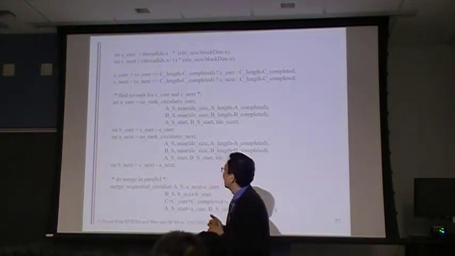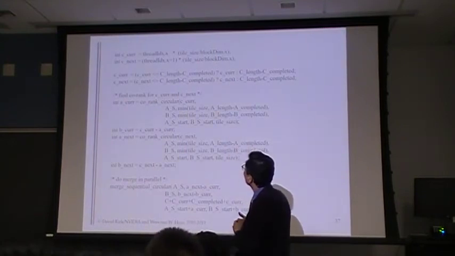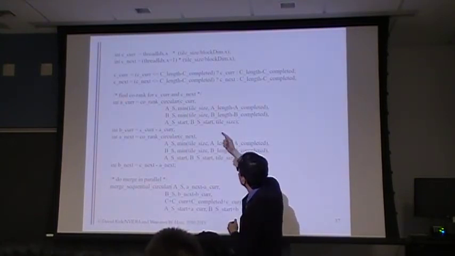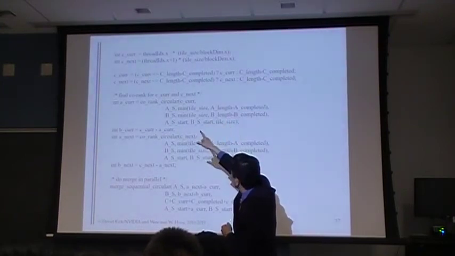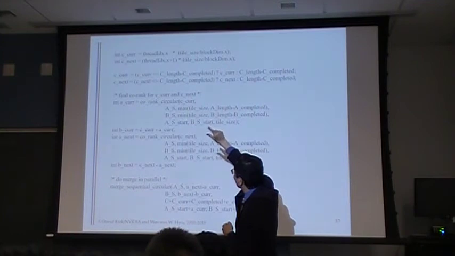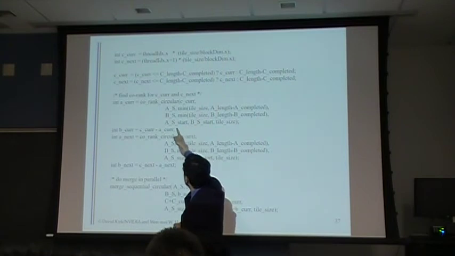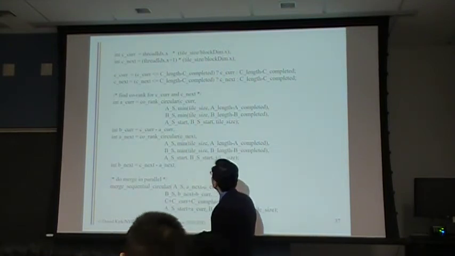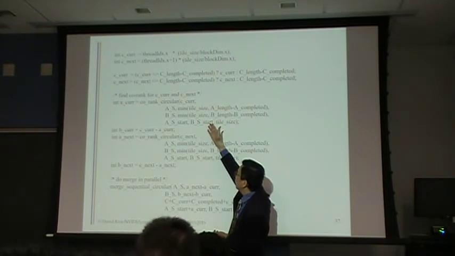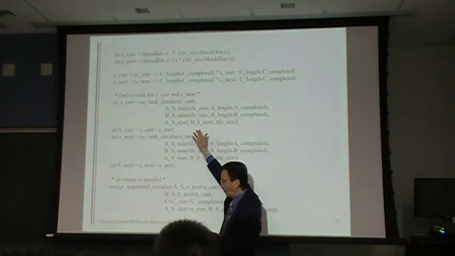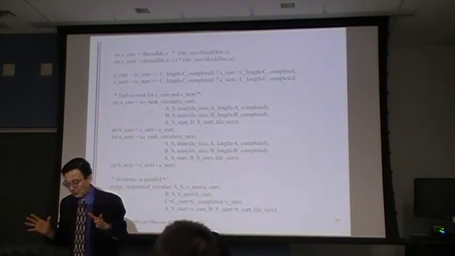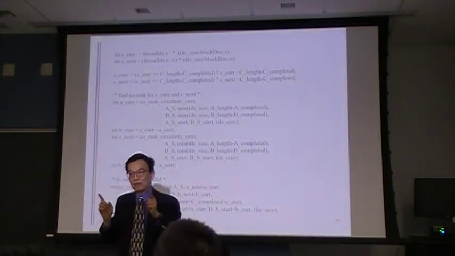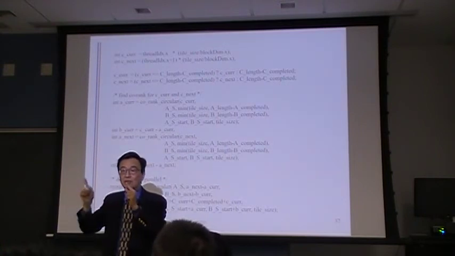Okay, so we come in and we do the thread. This is the thread ID. For each thread, we find the co-rank function for C current and C next. When we pass the information into the co-rank function, we let the kernel programmer assume that the co-rank functions are operating on consecutive locations.